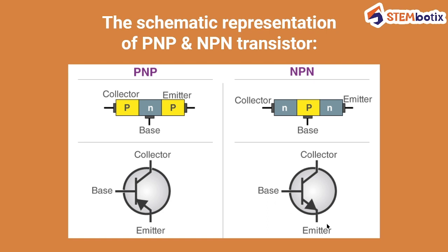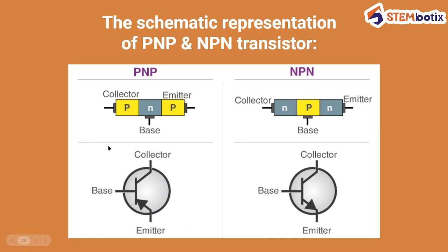And the current through the emitter is combined from here and also from here. So in an NPN transistor the current combines, meaning the output, or the emitter current, is more.